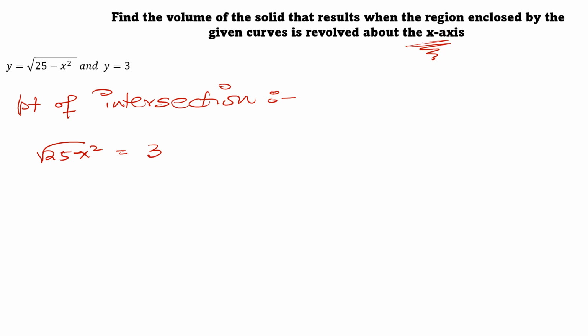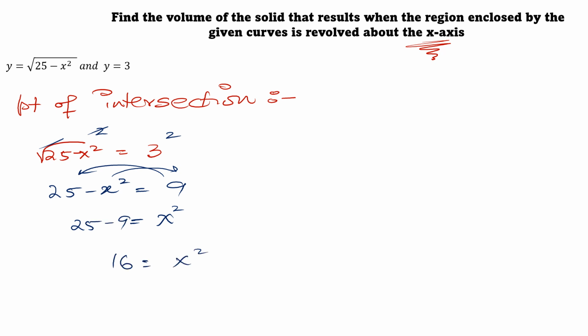Now solve for x. So take the power 2 on both sides to remove this square root, we will get 25 minus x square equals 9. Now bring the x square here and bring the 9 here. So I will get x square as positive and 25 minus 9 gives me 16.